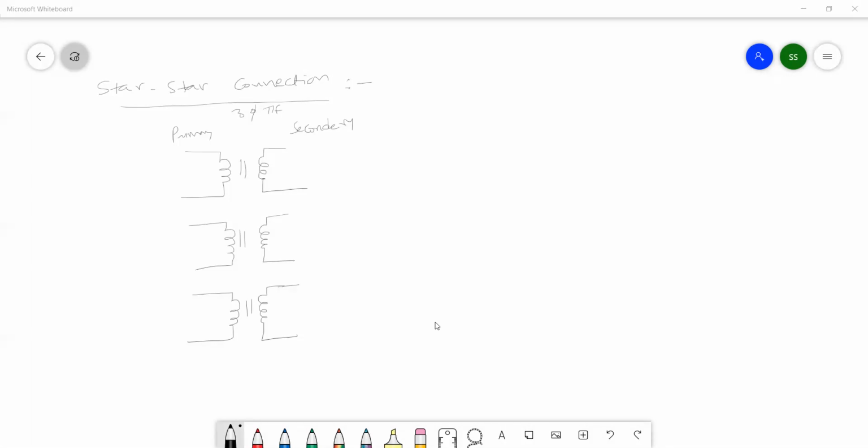I will wait up to the end of the session. Within 10 minutes, I will wind up the session. If there is no response from these roll numbers that I called, they will be removed from the session. If you are having any technical issues, you can type in the chat box or unmute your mic before the end of the session. And you have to respond. Jitendra, Abhishek, Sahit.